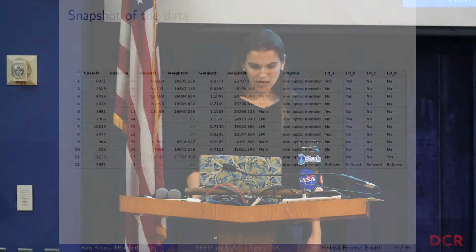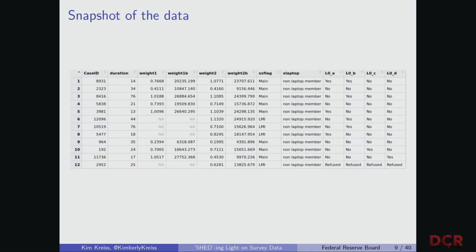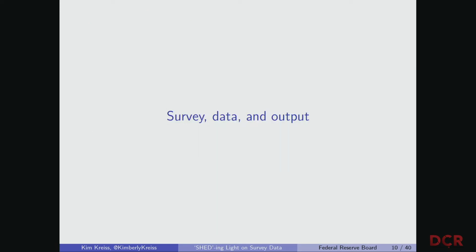We ask you a question, we give you a list of things, and we tell you that you can select a bunch of options from that, or you can tell us yes or no on those options. Okay, and just to give a sense of what the data look like, here we have the case ID, a unique identifier for each person, and then some of the metadata and a bunch of the rest of the data we have.